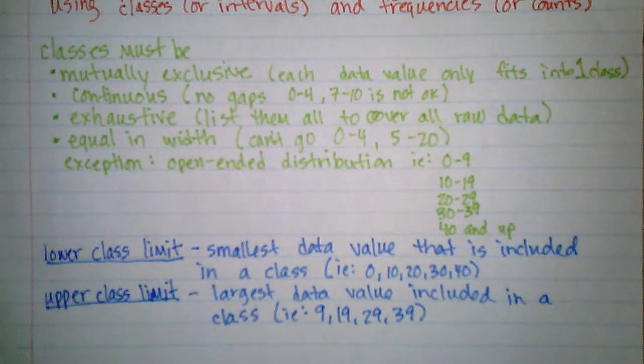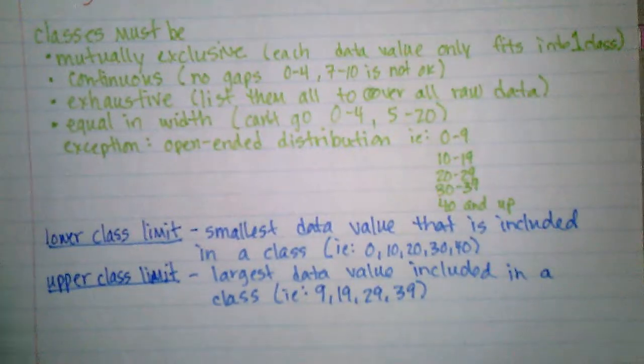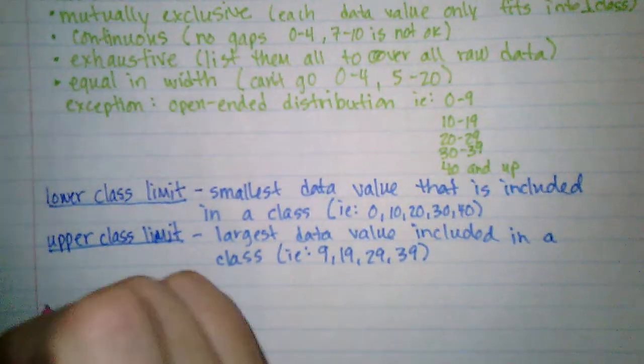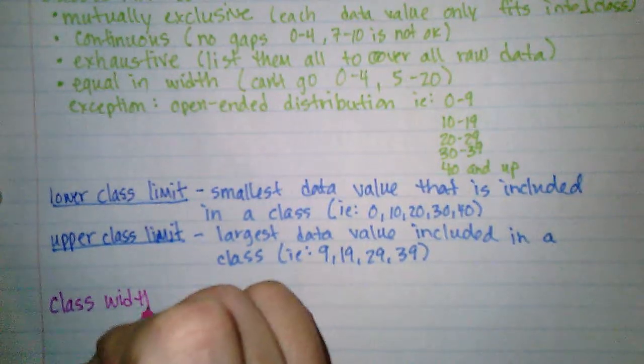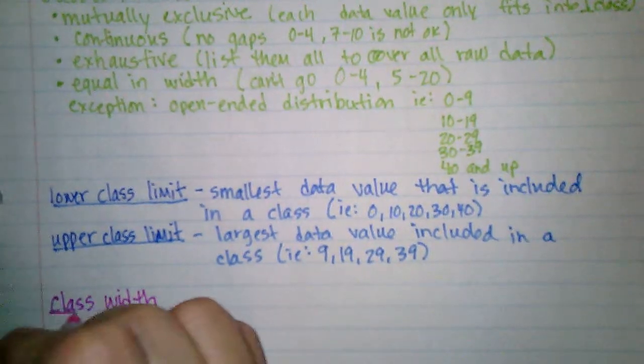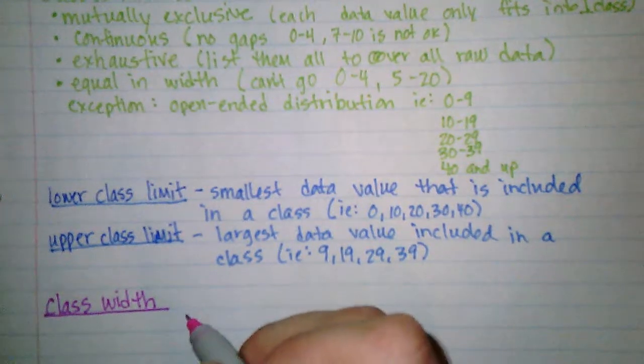Now we use those upper class and lower class limits to determine something called class width. And we're going to need to know how to find class width to make some of our distributions, some of our different graphs and charts that we're going to make later.